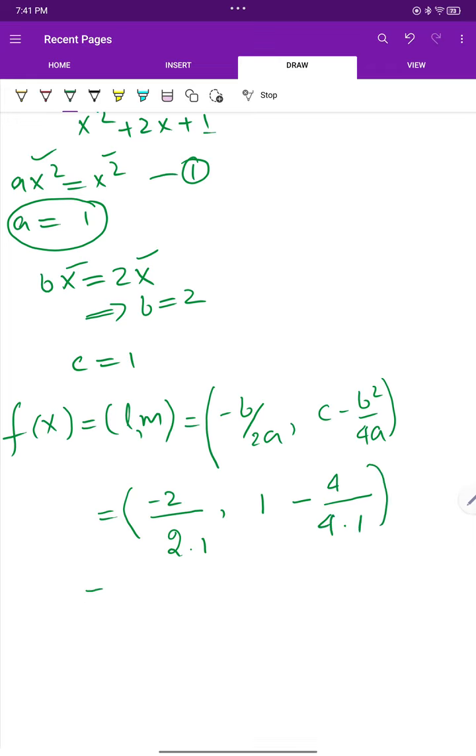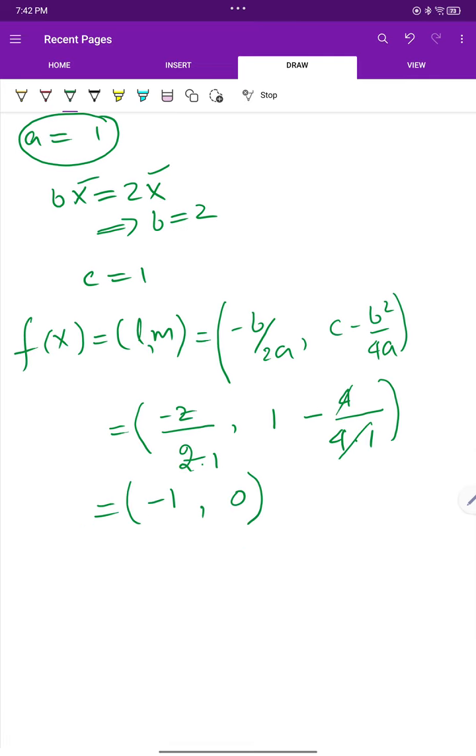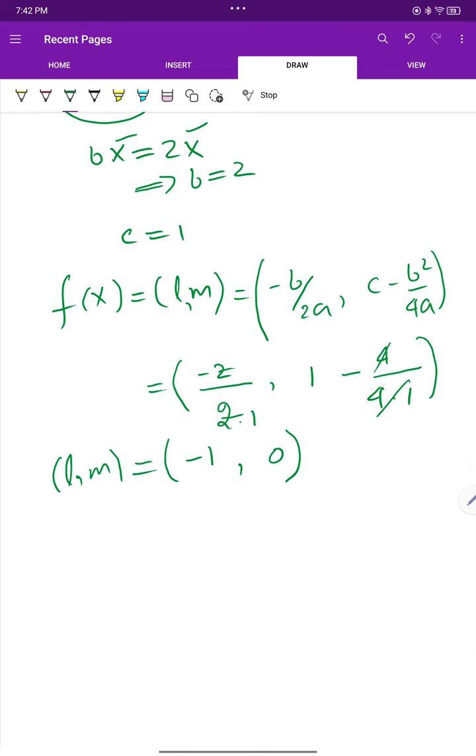Next one, this is finished, minus 1. This is also finished, so 1 minus 1, 4 divided by 4 is equal to 1, and 1 minus 1 is equal to 0. So we now have two values for the vertex of the graph, not the parabola but the graph.